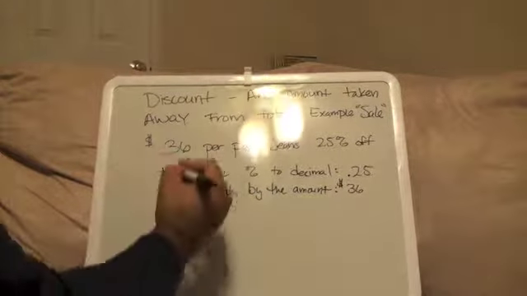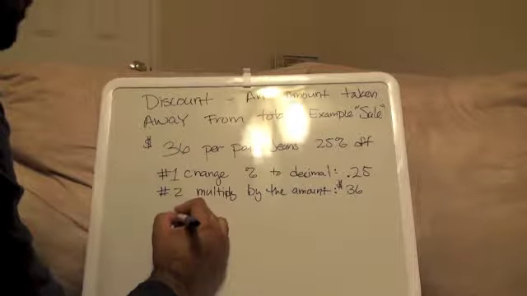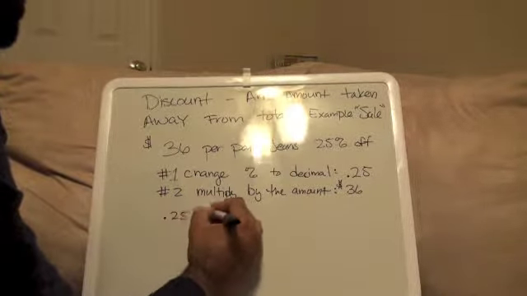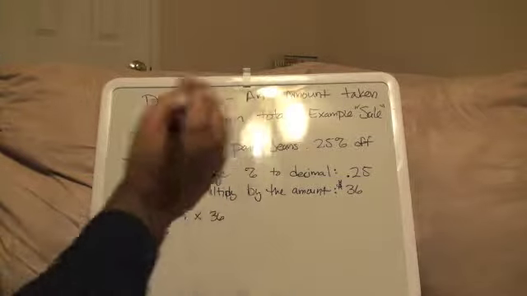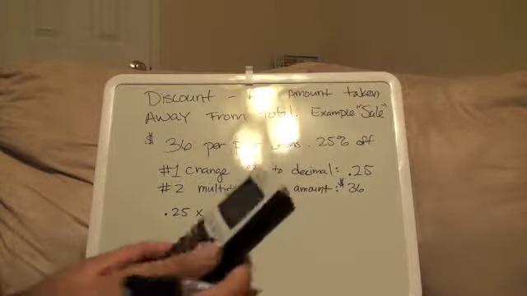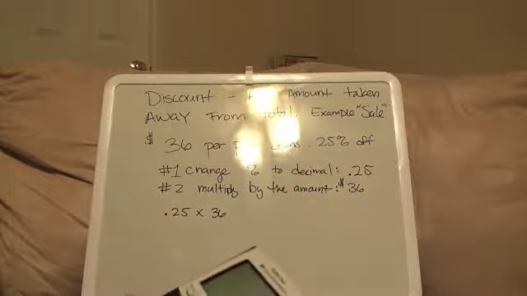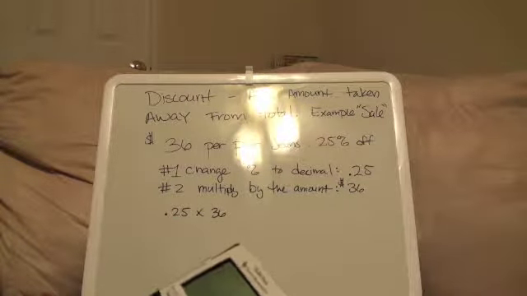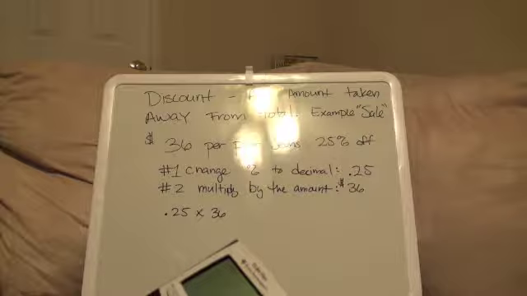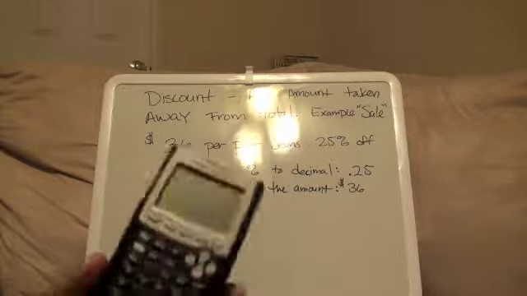So I'm going to take my 0.25 times 36. Use my calculator. 0.25 times 36. And when I do that, I'm going to end up with 9.